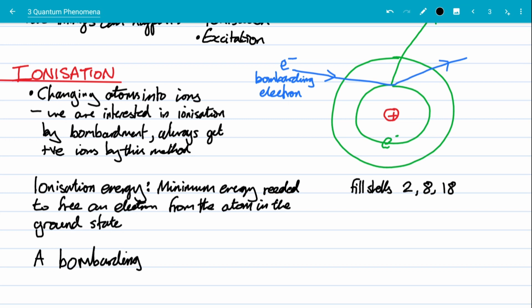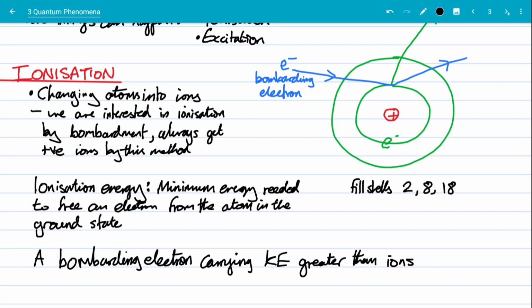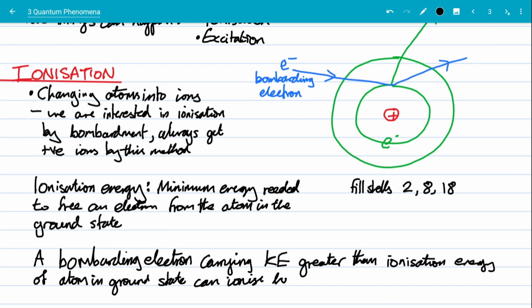A bombarding electron carrying kinetic energy greater than the ionization energy of the atom in the ground state can ionize the atom.